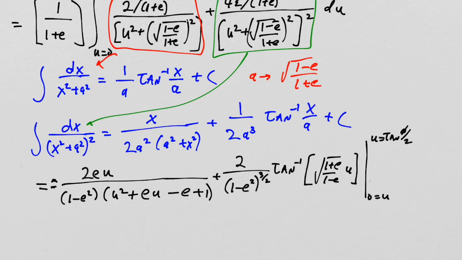But once we're at this spot, now we have to go back and replace u with tangent phi over 2, right? Which is sort of undoing these limits of integration. So we're going to go back to integrating over phi from 0 to phi.